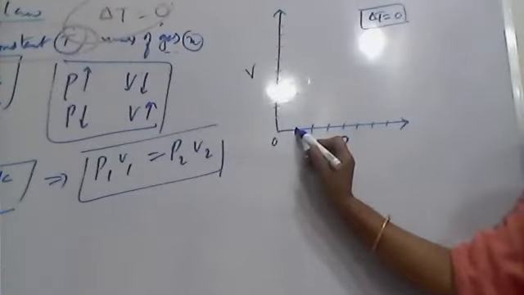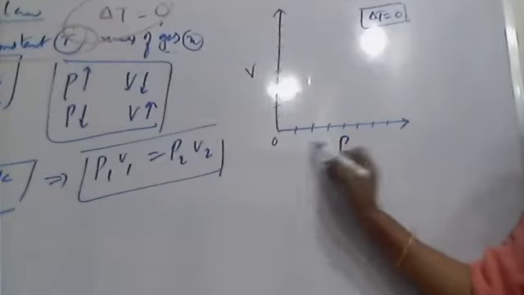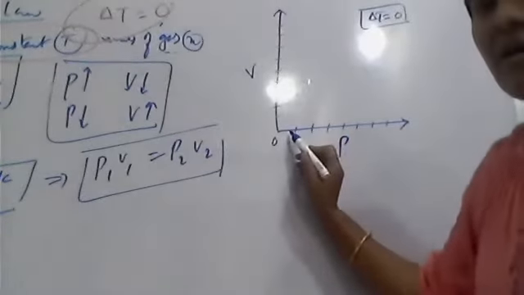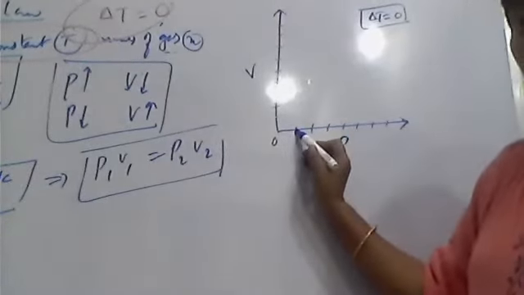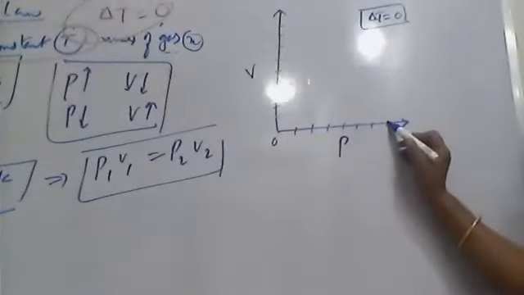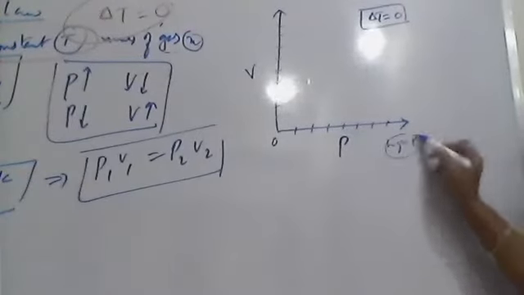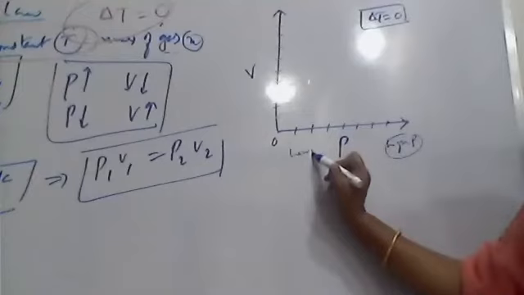Pressure high or low? This point on the x-axis, the pressure axis, indicates low pressure because it is a lower value. Another point, if you take this point, it is high pressure.